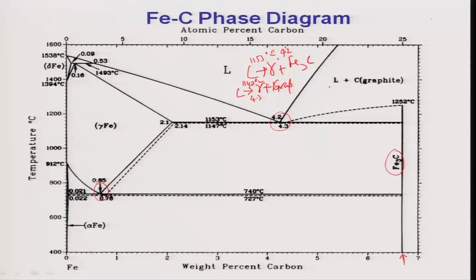For all our discussion of steel, we did not bother about these things, because graphite does not form at all in steel. Cementite is a metastable phase, but it can remain for thousands of years without transforming into graphite. Basically, cementite should not be present in steel. If you heat it, it will transform into iron plus graphite, but it does not happen in steels. As God's grace, that is why steel is a better material.